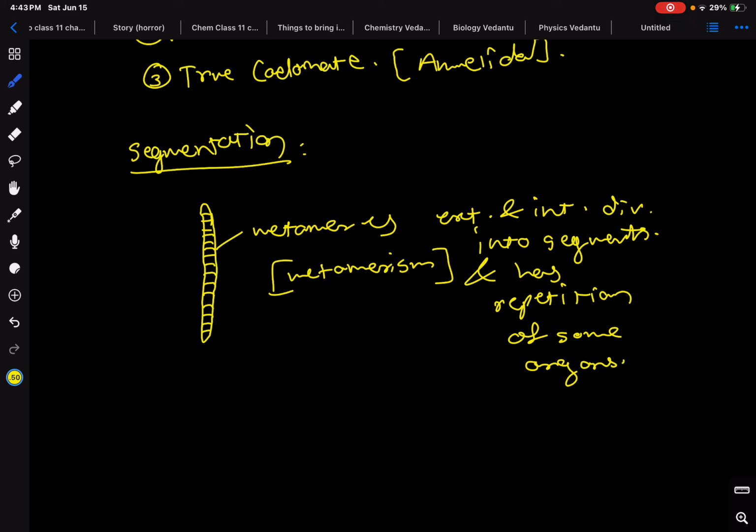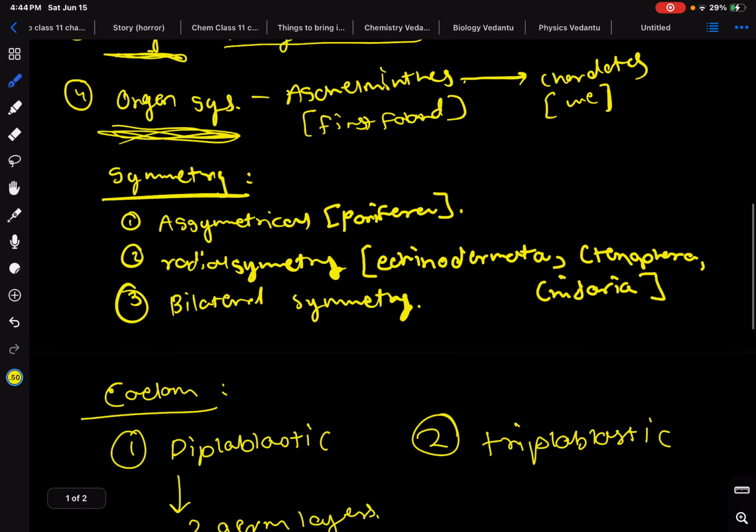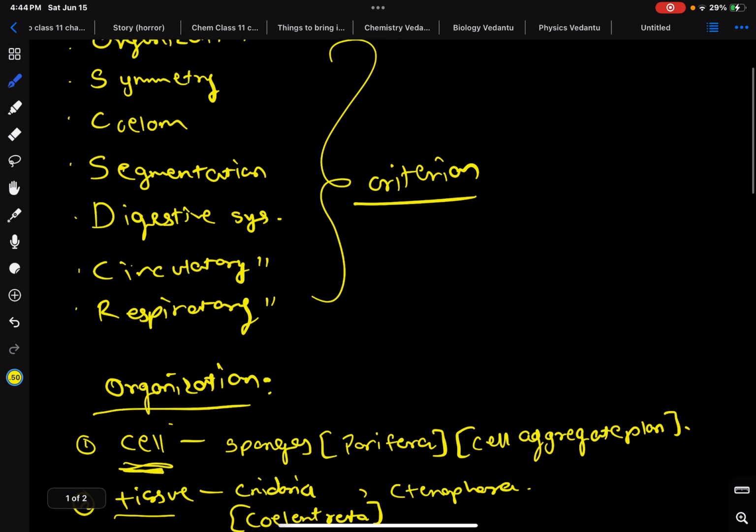For example, we have earthworm, also known as Pheretima. Segmentation is pretty easy. Now we have the digestive system.